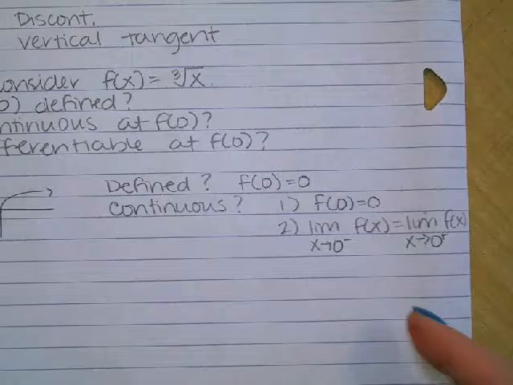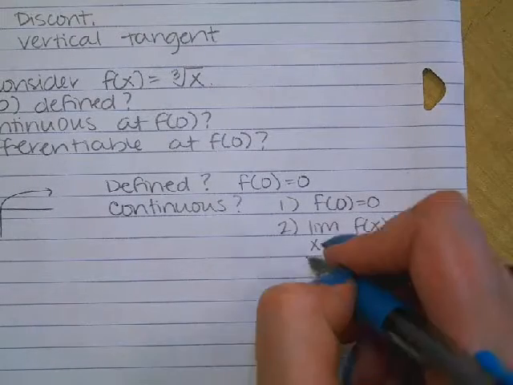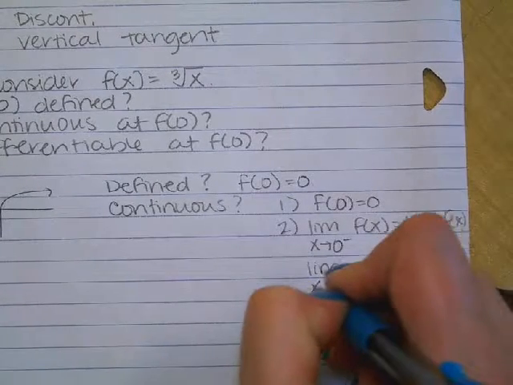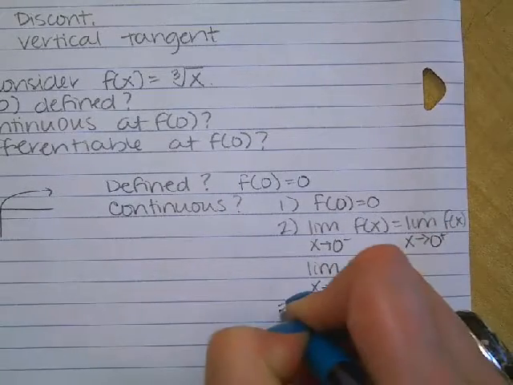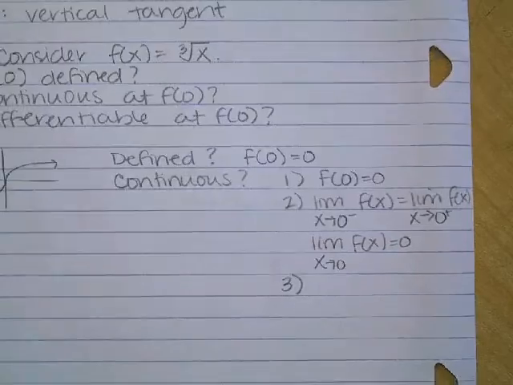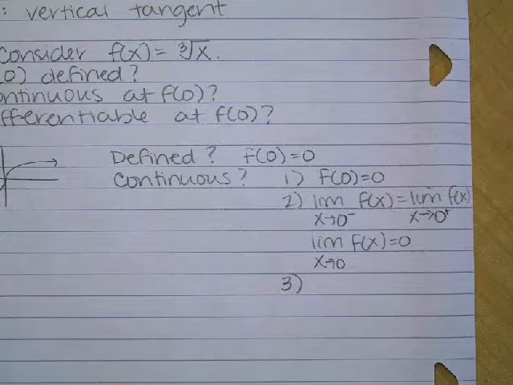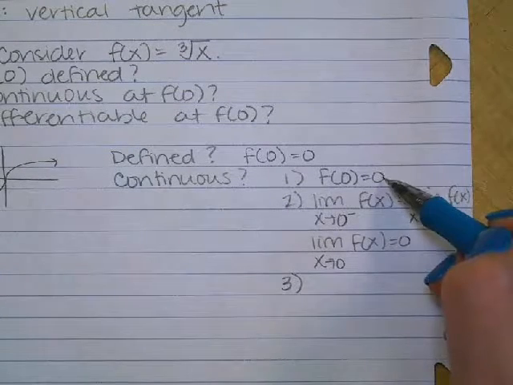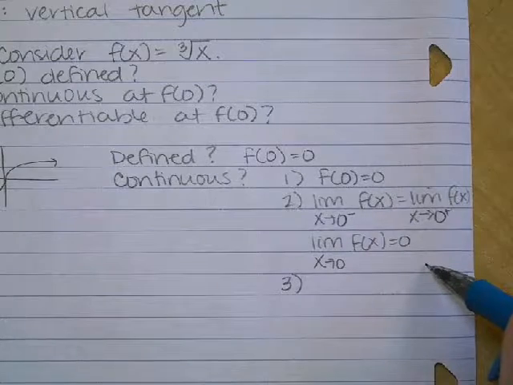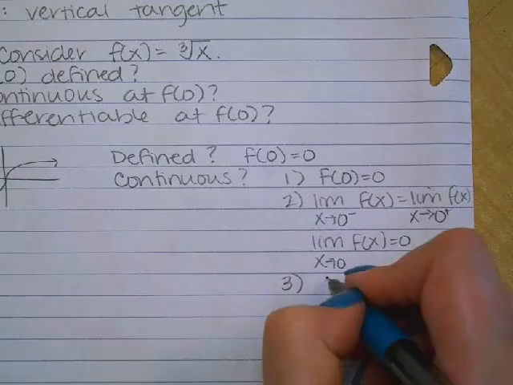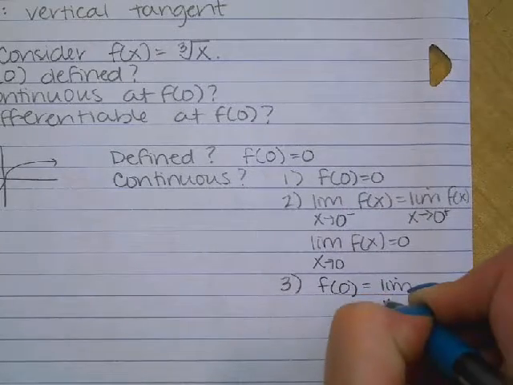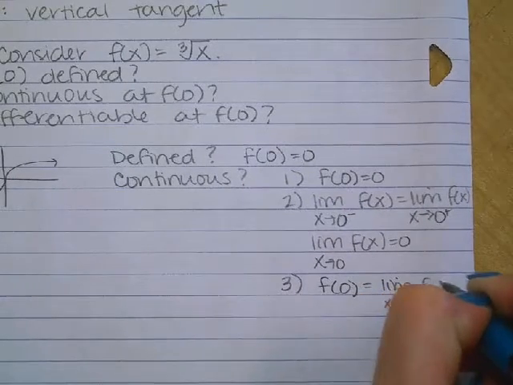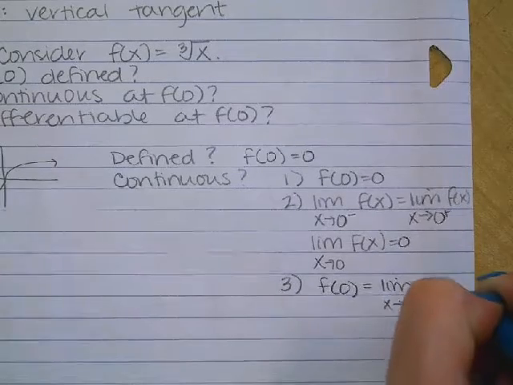And what is that limit? It is 0, so we're going to say the limit as x goes to 0 of f of x is 0. And then what's the third part say? That the evaluation you got and the limit you got are the same thing, which they are. So it is continuous, but I should see lots of writing, right? Because you're writing it down right now.